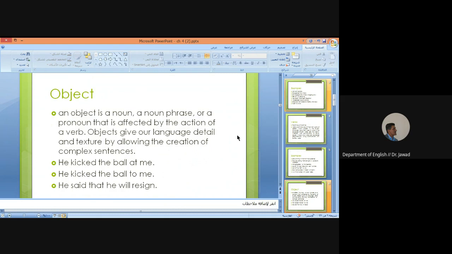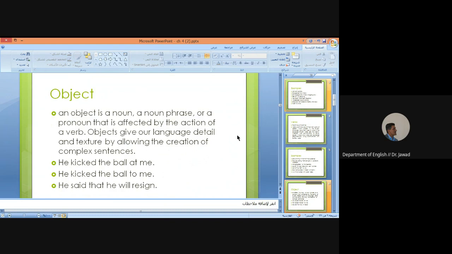He kicked the ball at me, and he kicked the ball to me. These are simple sentences in which the object is the ball. They differ in their construction and the use of a different preposition. In the first one, we have the preposition at, and in the second one, the preposition to. He kicked the ball at me: this is an aggressive action. He kicked the ball to me: it is not aggressive.